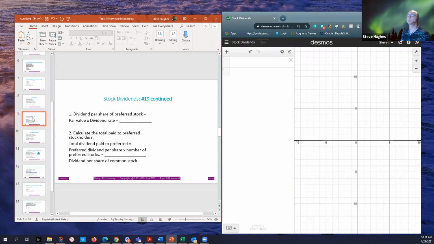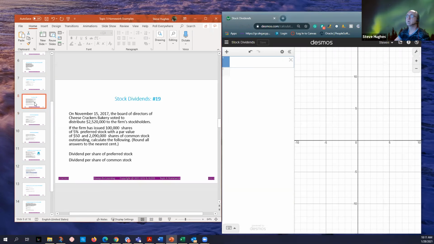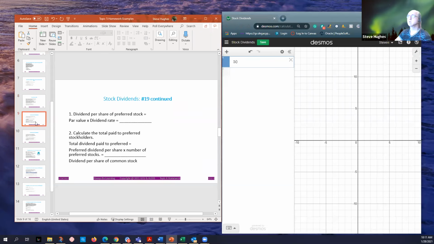All right, dividends per share of preferred stock equals the par value times the dividend rate. Let's jump into our calculator over here. Step 1, the par value times the dividend rate. What's the par value? With a par value of $50. So that's a par value of $50. What's the next part? Times the dividend rate.